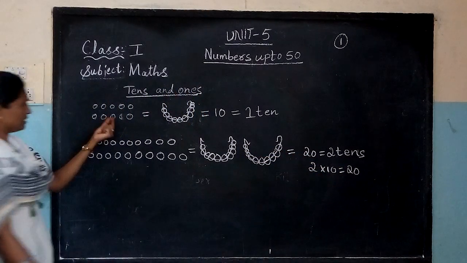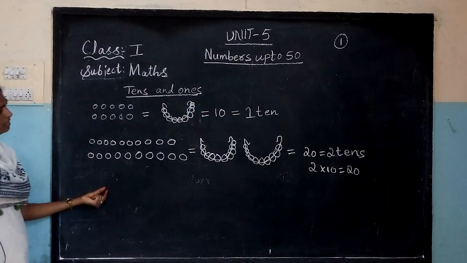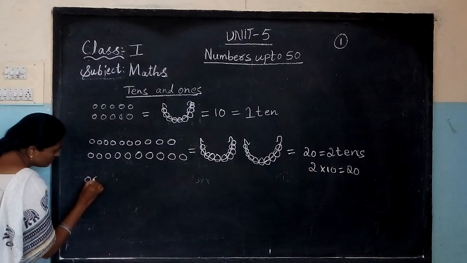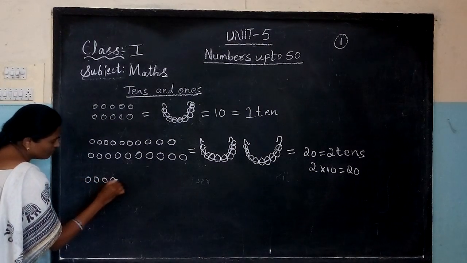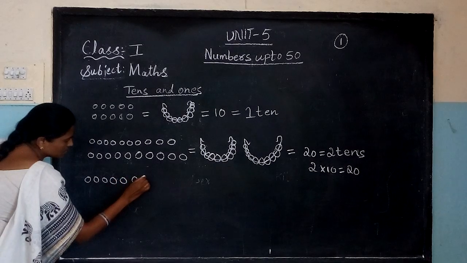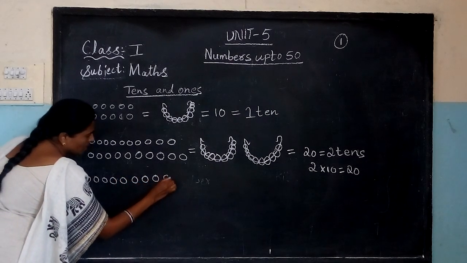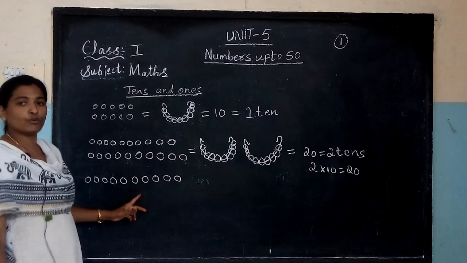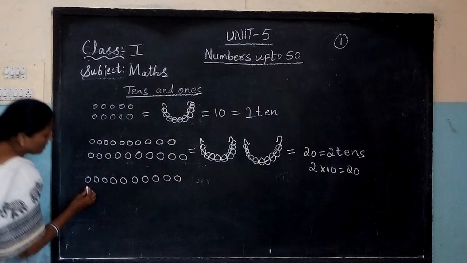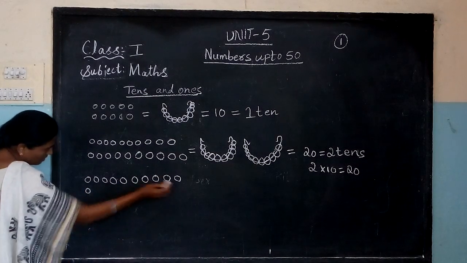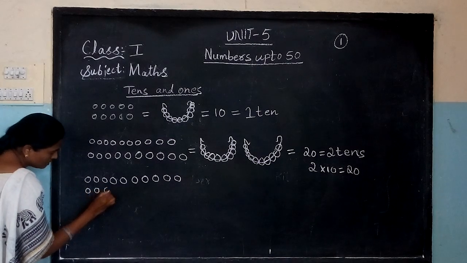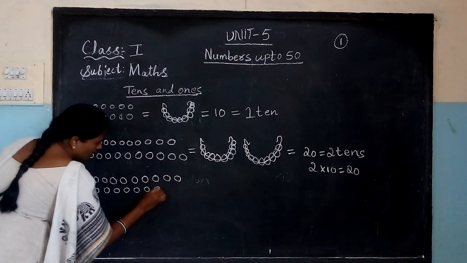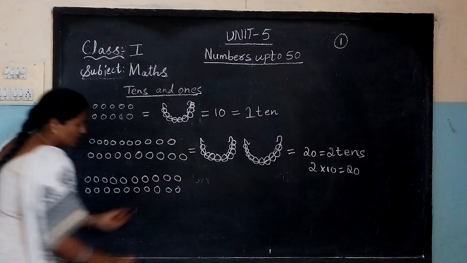Again next 10 completed, 20 completed, now 30. Count how many singles: 1 to 10. Again still how many do we need? Still 20 we need. 11, 12, 13, 14, 15, 16, 17, 18, 19, 20. 20 completed.